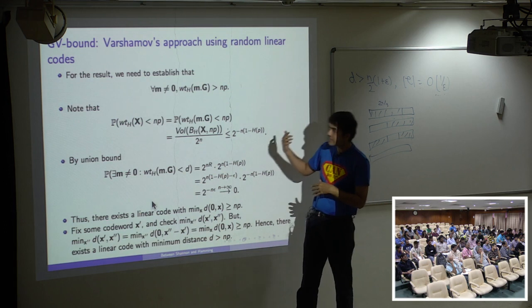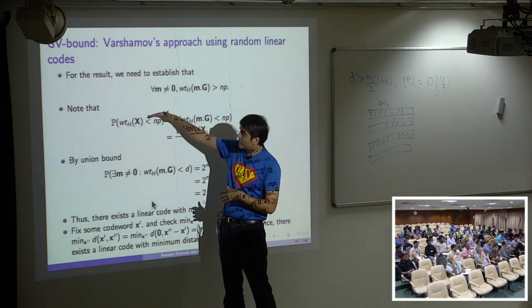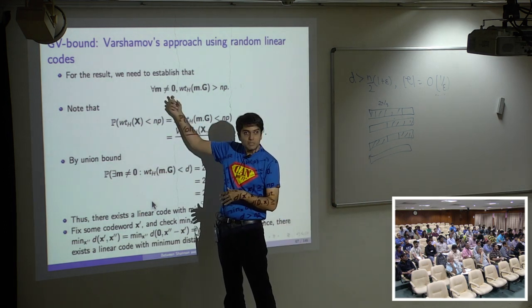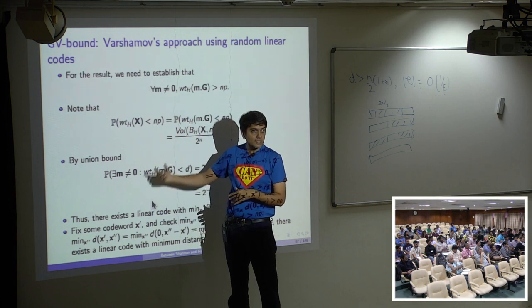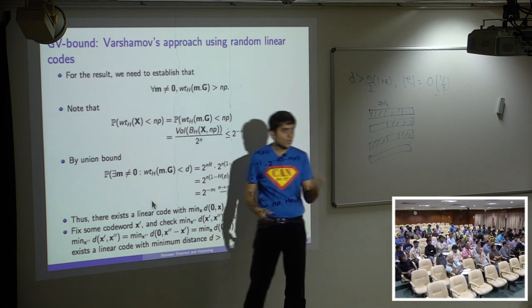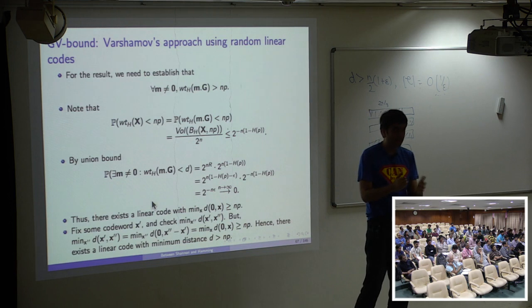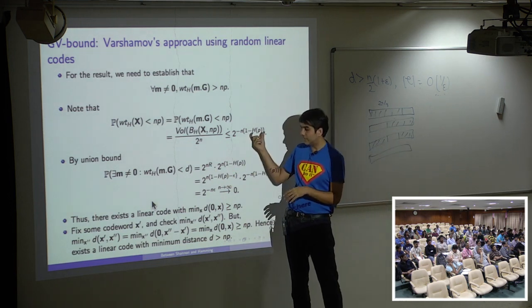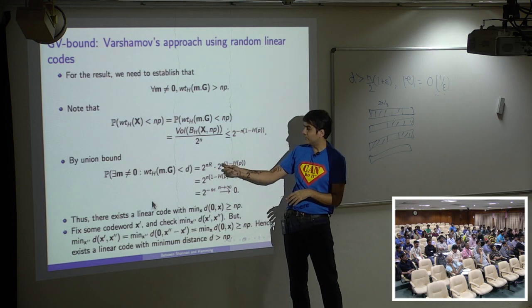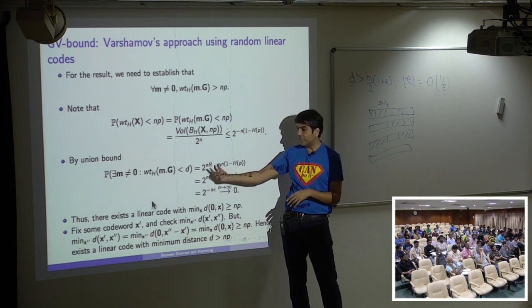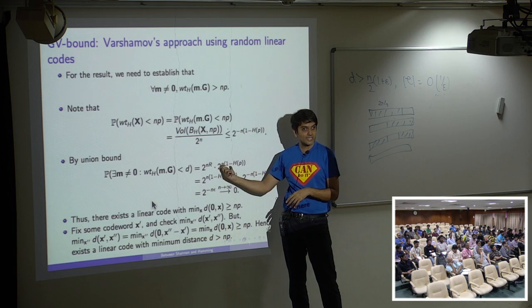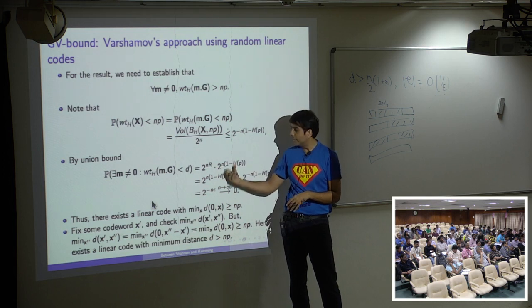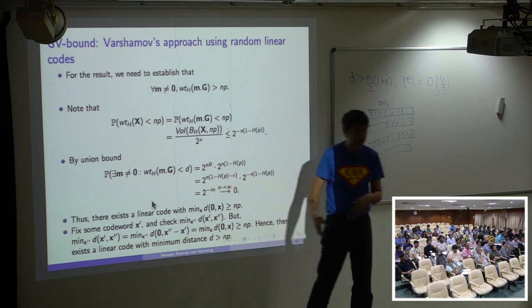What that tells us is that if I now take a union bound over all the possible messages, the probability that there exists a message such that the corresponding codeword has low Hamming weight is going to be small. It's going to be the size of the code times, there's a negative sign missing over here, less than 2 to the nr times 2 to the minus n times r, whatever, and this will be 2 to the minus n epsilon.